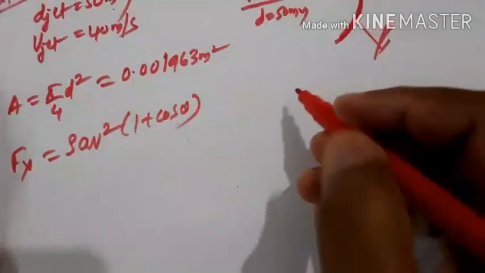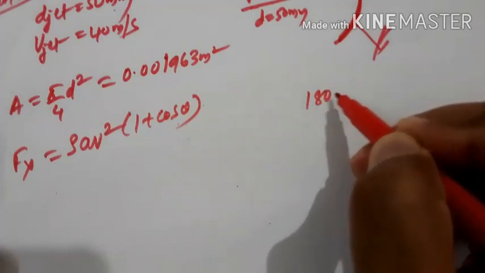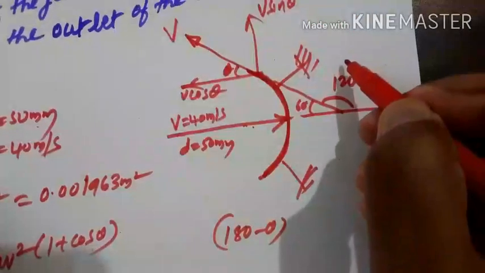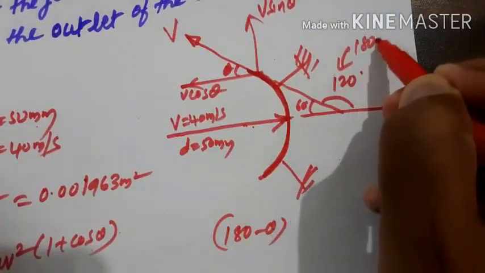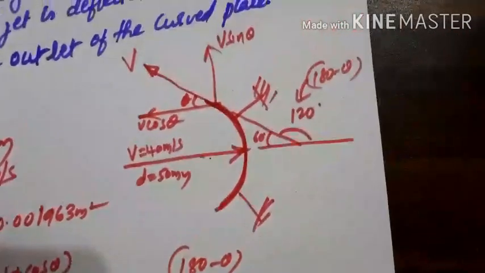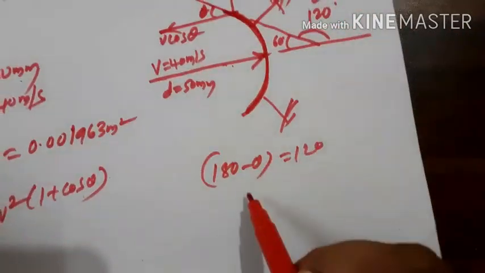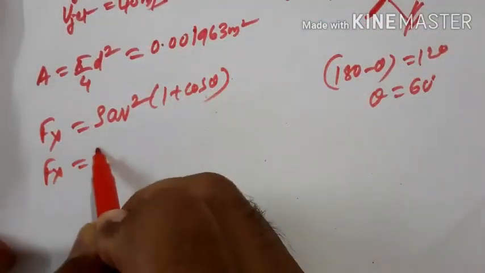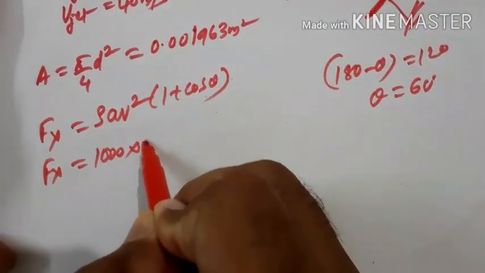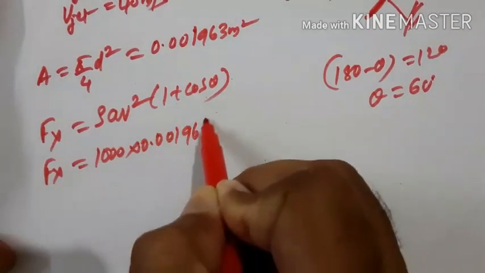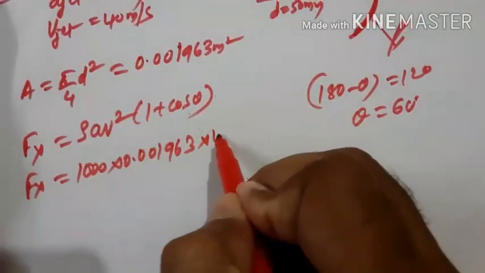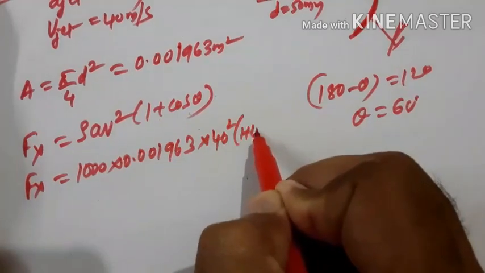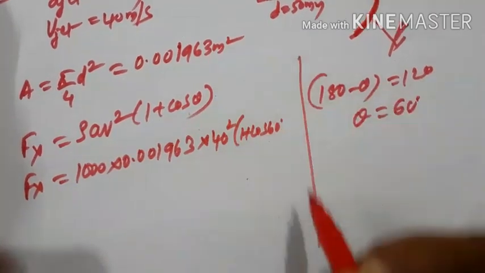Here you have to calculate theta, because the deflection angle is given as 180 minus theta. So 180 minus theta is 120 degree, so theta will be 60 degree. So substitute the values here: 1000 into 0.001963 into velocity 40 square into 1 plus cos of 60.